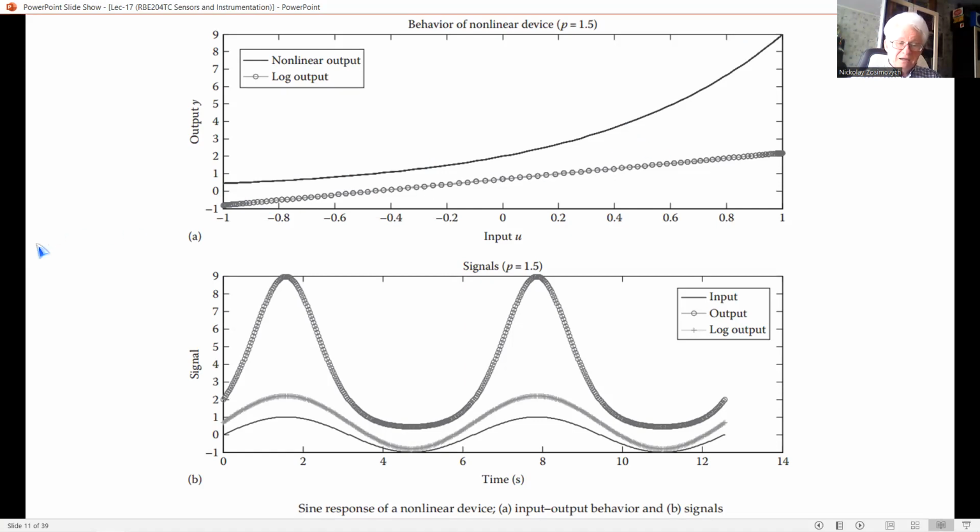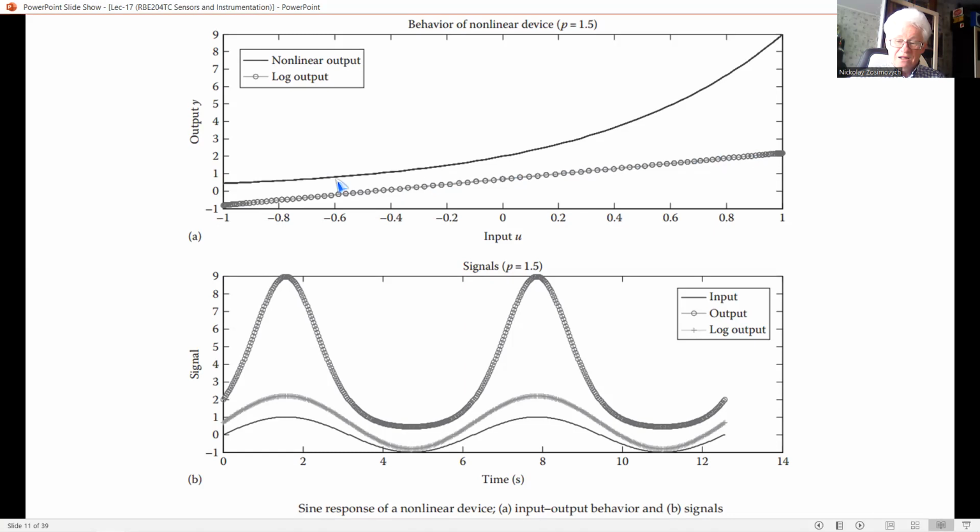And clearly, we can transform the problem as the logarithm of y equals p times u plus the logarithm of k. And hence, the input-output relationship can be accurately linearized by simply using a logarithm scale for the output, and also adding a constant offset of minus logarithm k.